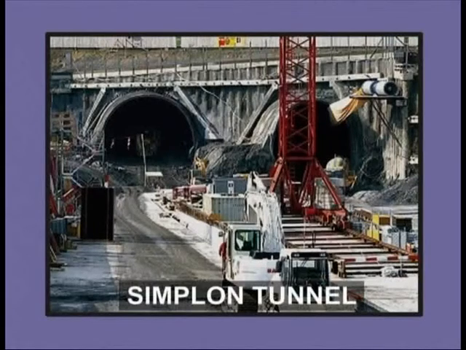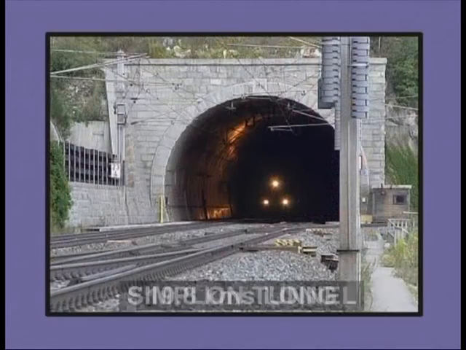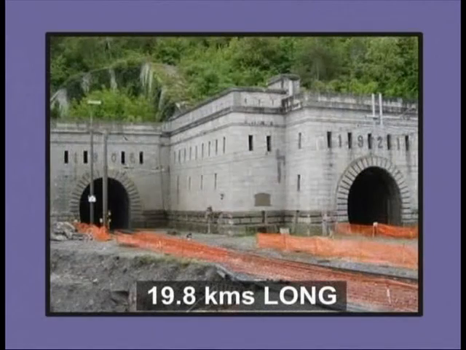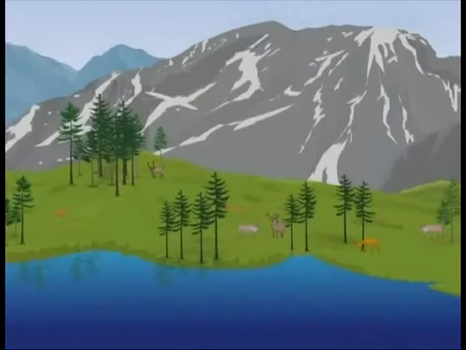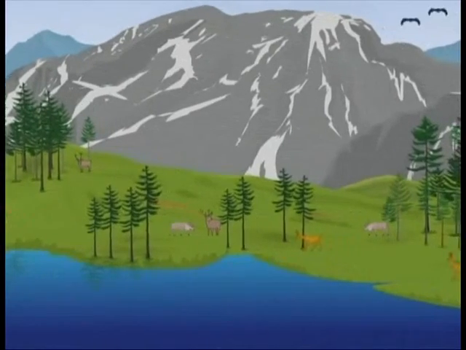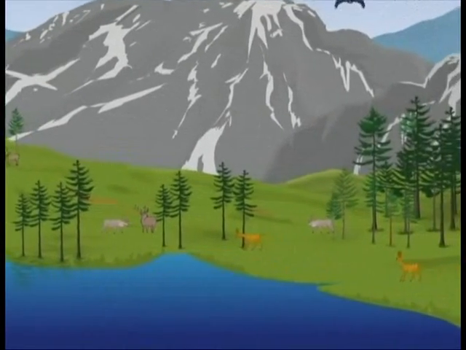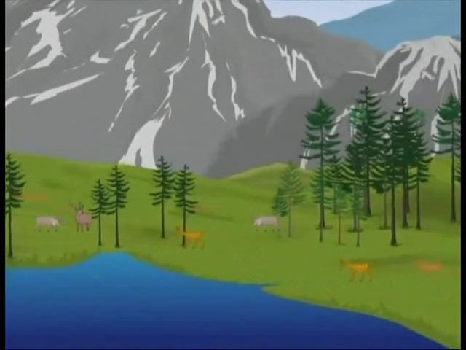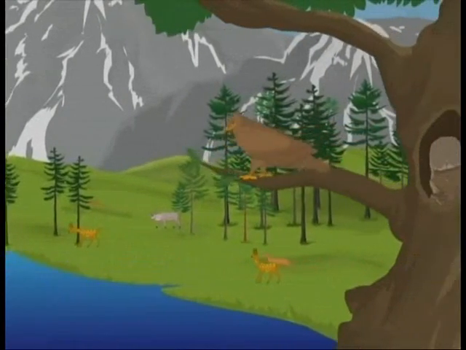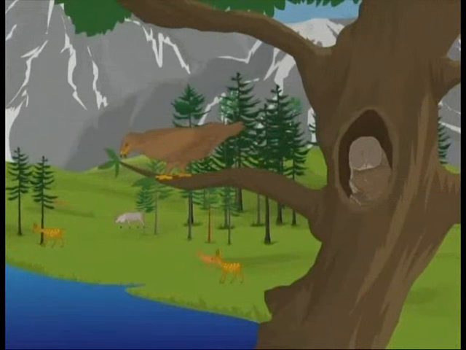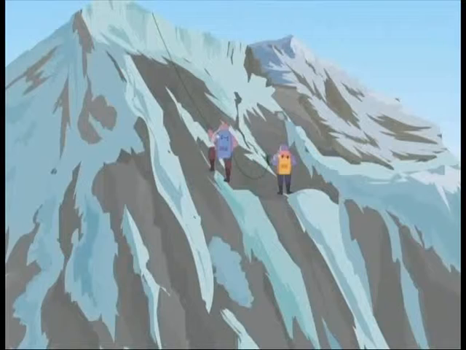This is the Simplon Tunnel. This tunnel is 19.8 kilometers long and allows trains to pass under the Alps between Italy and Switzerland. The Gran Paradiso National Park, together with Vanoise Park, is the largest protected area in Western Europe. Golden eagles and eagle owls are found in plenty in this region.